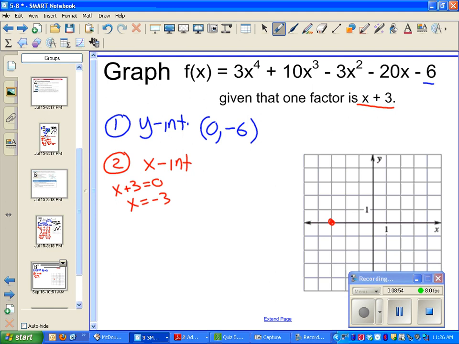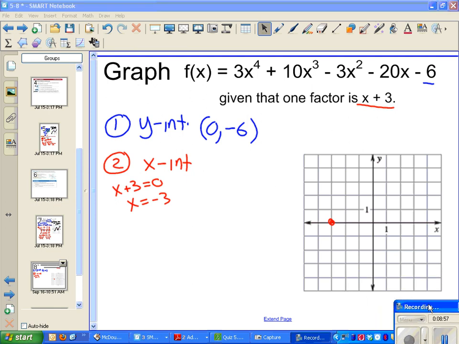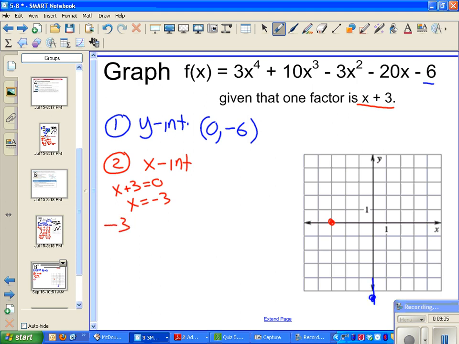And my y-intercept is -6. Right about there. Okay. So I'm going to put -3 on the outside of the synthetic substitution box and my coefficients inside. So I have 3, 10, -3, -20, and -6. So it doesn't skip any.